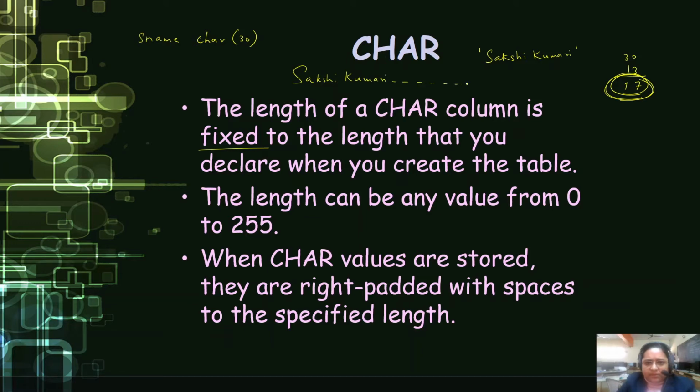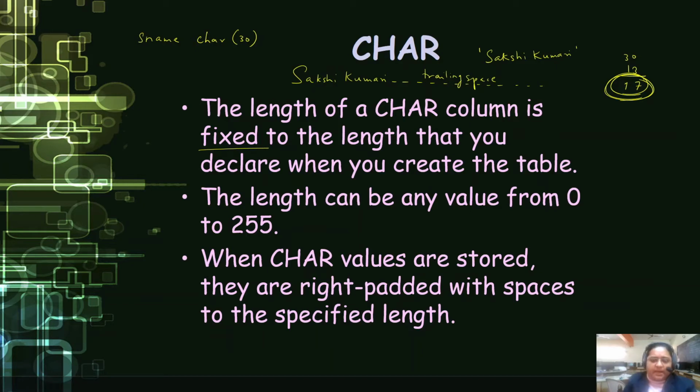So this extra space will be wasted because we have already specified the maximum length as 30. The unused spaces would be filled with these trailing spaces, which is a waste of space.